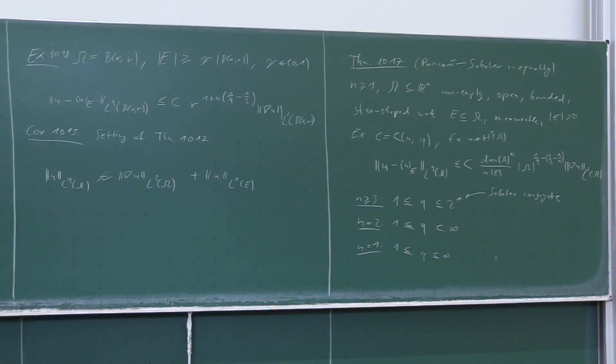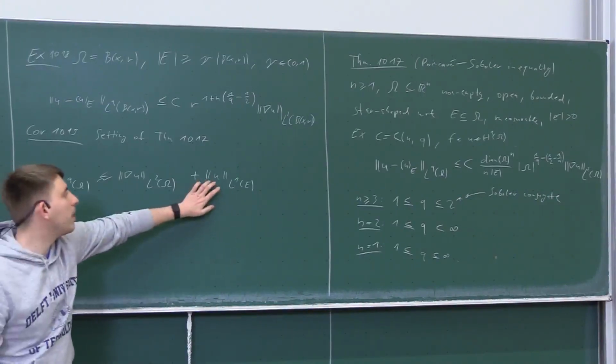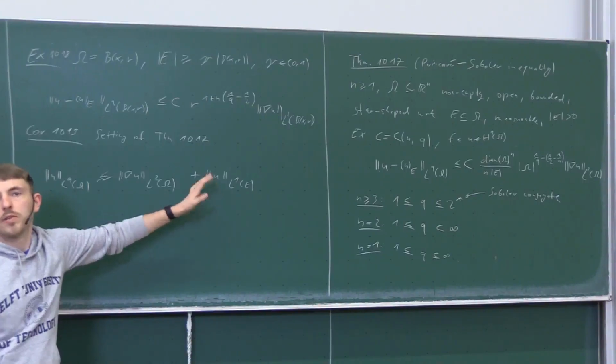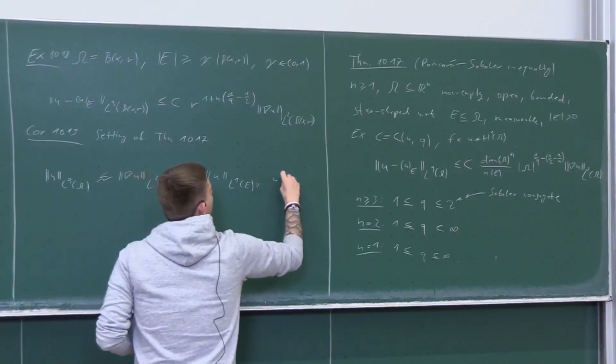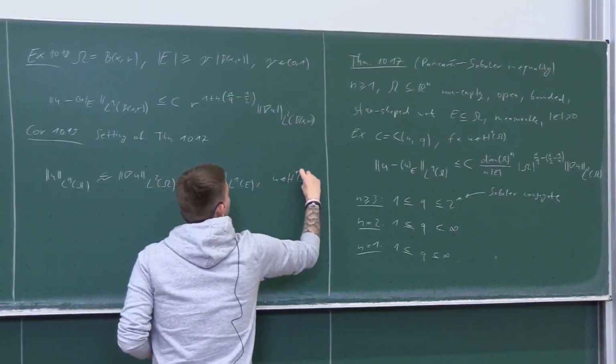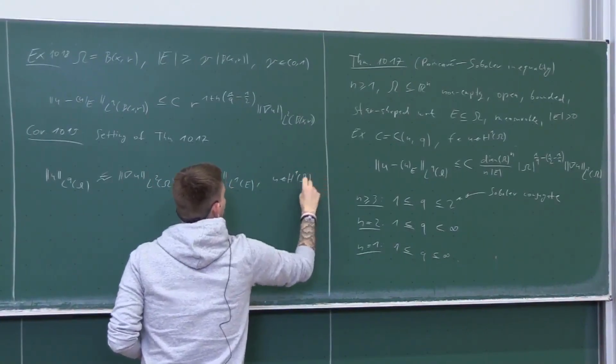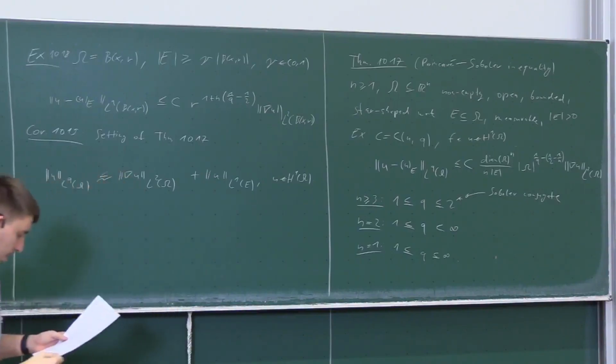So somehow you can read it as if you also control information on u on this auxiliary set e, then you also get a Sobolev embedding like you got in the Rn case last time. Okay, and this of course for all u in H1 of omega.